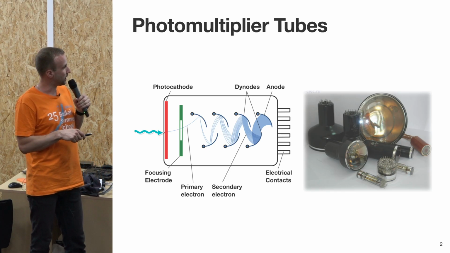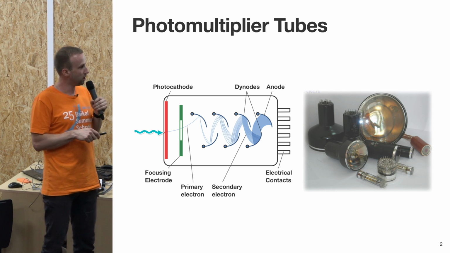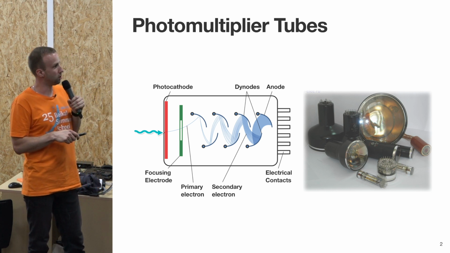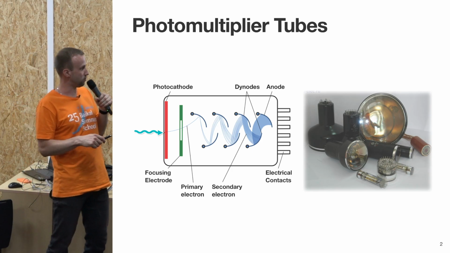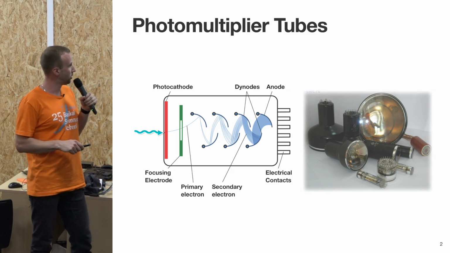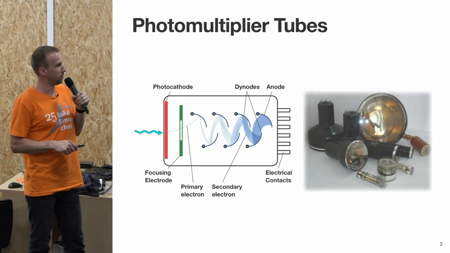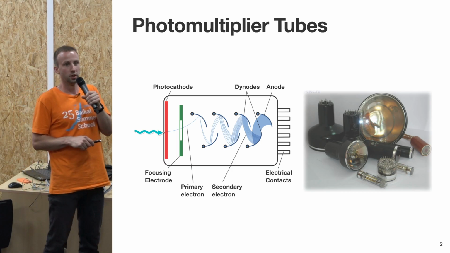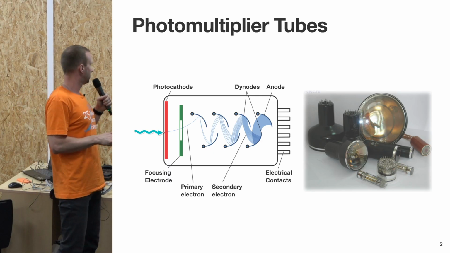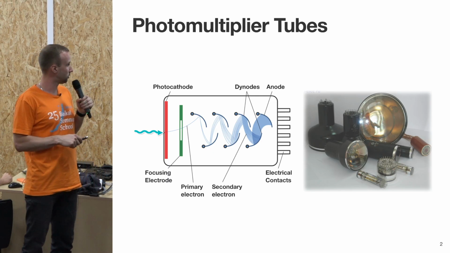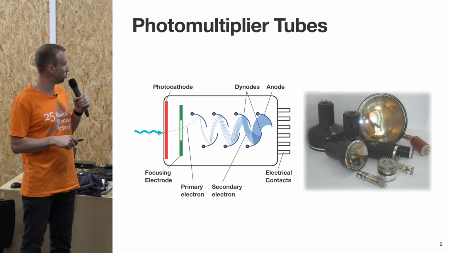They can be different sizes and shapes. The biggest PMT has a 20-inch diameter photocathode, like a 50 centimeter tube, and the smallest ones have, let's say, square centimeter surfaces.